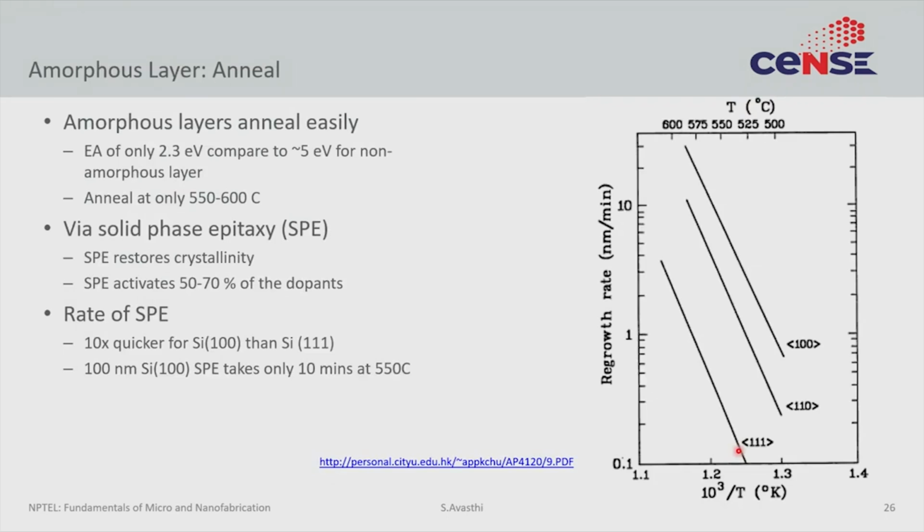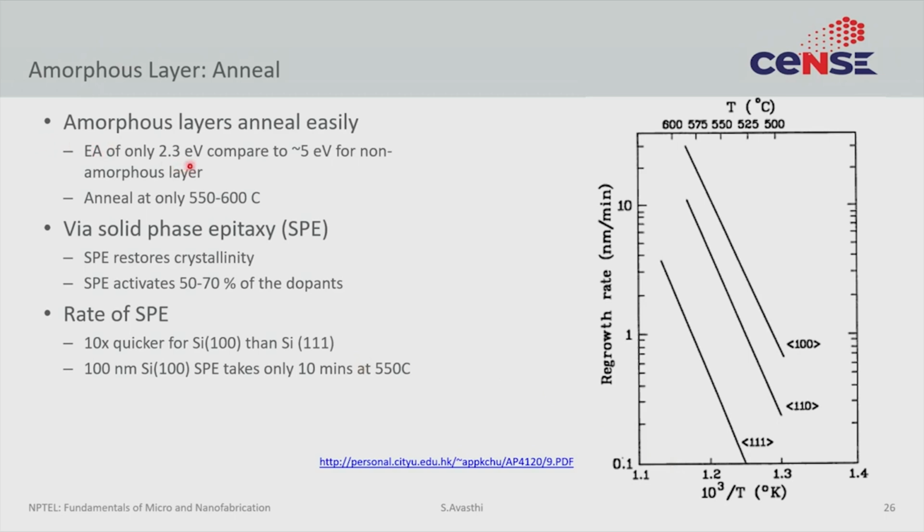It turns out, however, that this disordered zone does anneal relatively easily, and that is partly because the silicon really likes to grow into a crystal lattice. If you were to look at the activation energy for this process of making amorphous silicon into crystalline silicon, that is only around 2.3 eV.